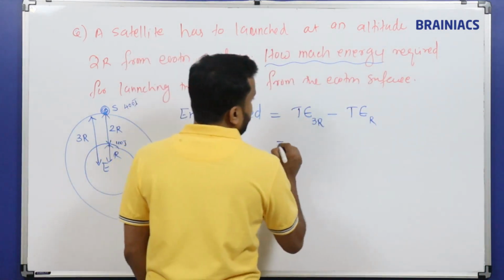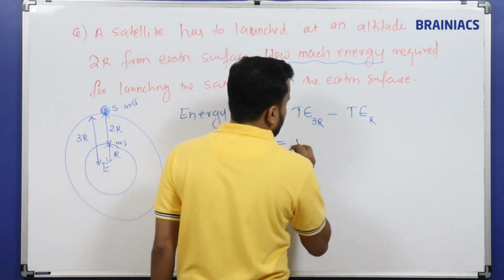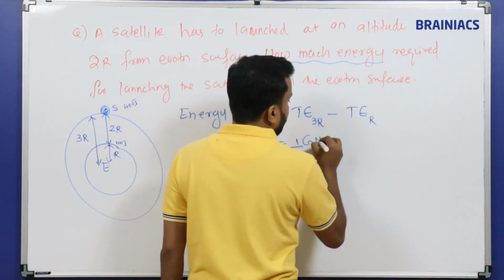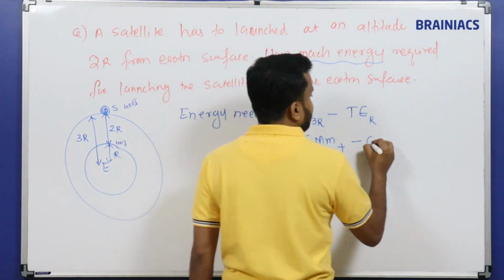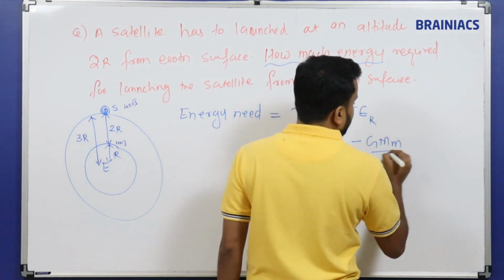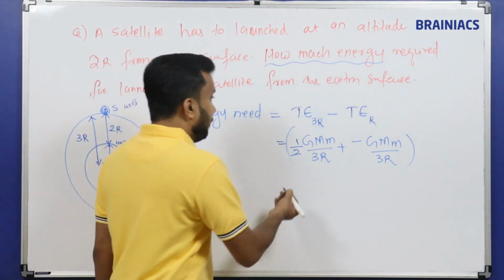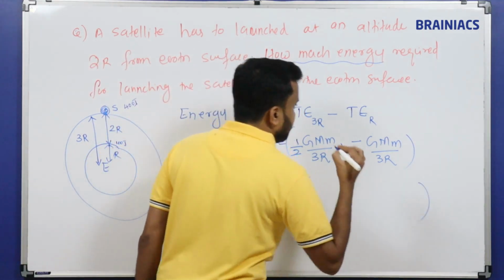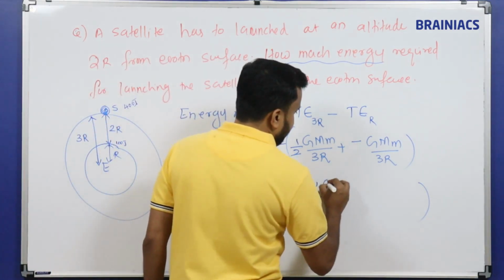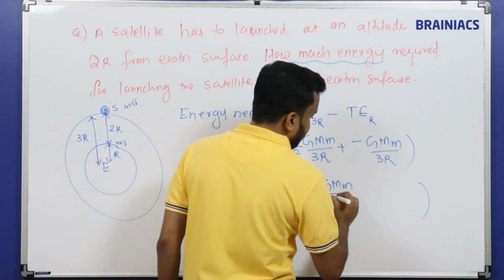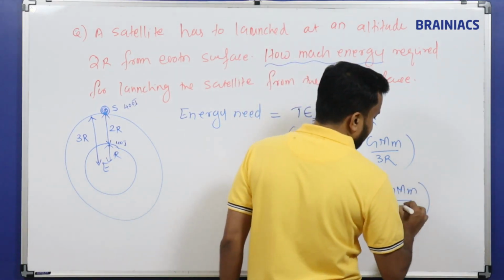So what is the total energy? Kinetic energy plus potential energy. So what is the kinetic energy? I know the equation for kinetic energy: 1 by 2 GMm divided by 3r is the kinetic energy, and the potential energy is minus GMm divided by 3r. So total energy at 3r, minus the total energy at a distance of r: 1 by 2 GMm divided by r plus minus GMm divided by r.